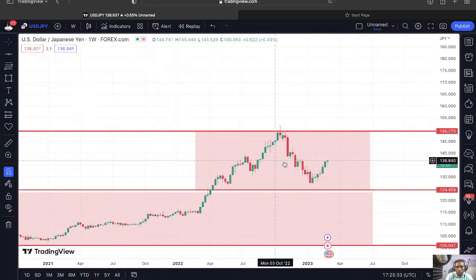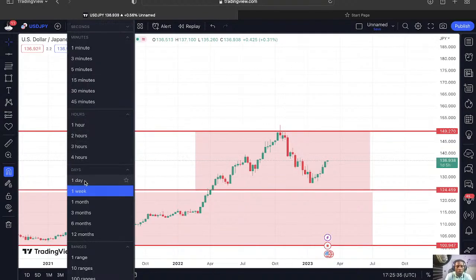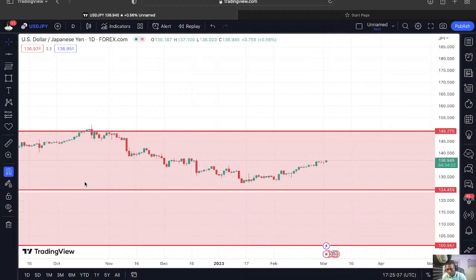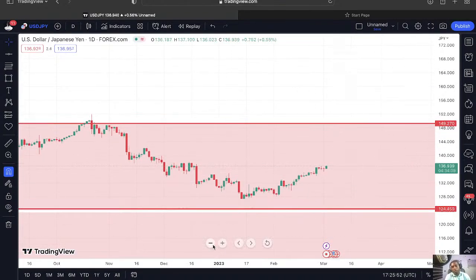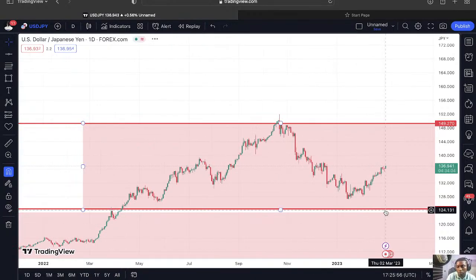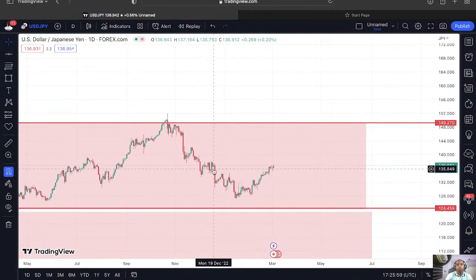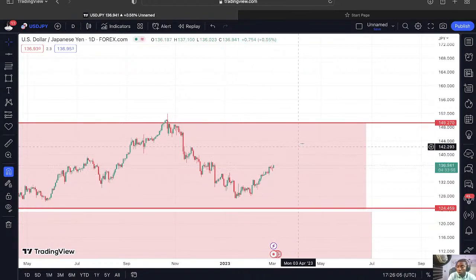Okay, so let's go to the daily time frame. Oh, interesting. Here we see that Euro USD is currently building momentum.